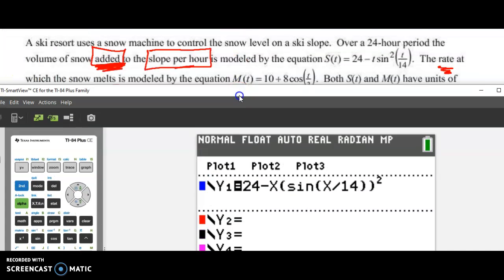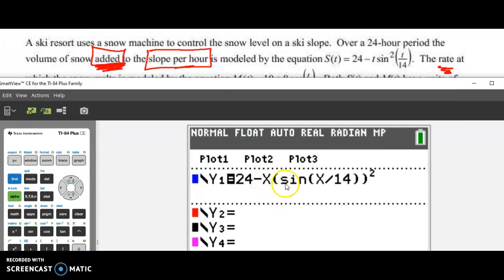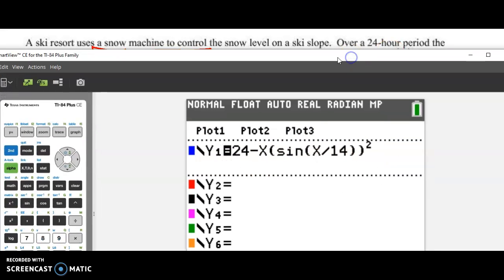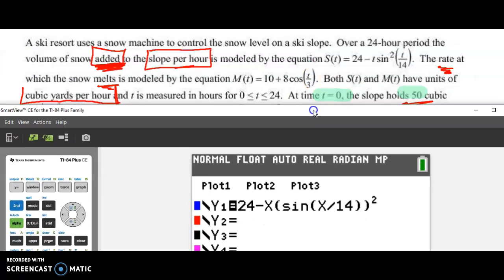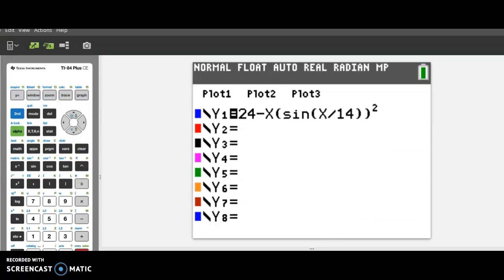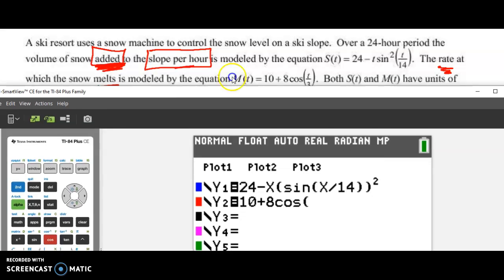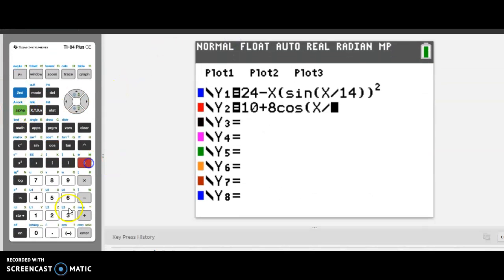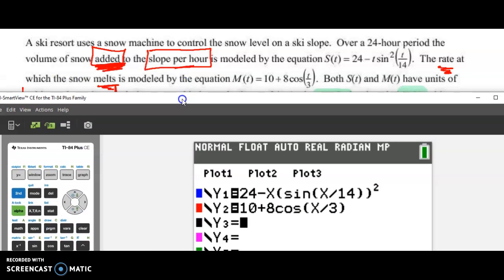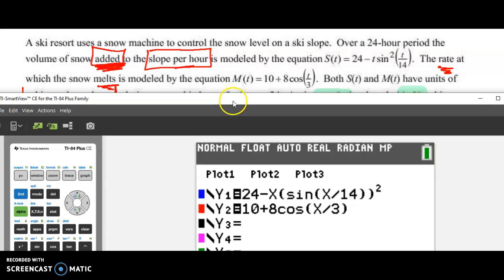I'm pretty sure it's good. 24 minus x sine of, see, the x is not squared, it's only sine that's being squared, so I believe I typed that in correctly. And while I'm at it, I might as well have the other equation, 10 plus 8 cosine of x over 3. Just double check that you type that in. So y2 is the melting equation.